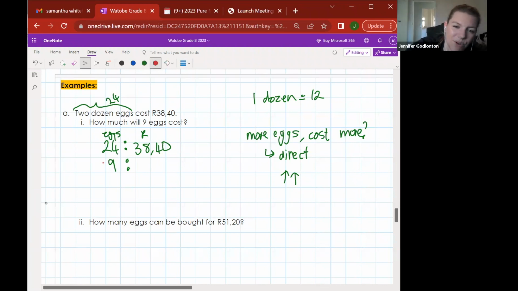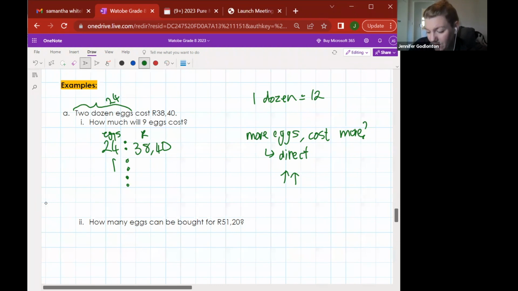I'm going to show you both ways again, just in case. If we want to have a 1 there, we first divide that 38,40 by 24, and we get the answer 1,6. Then we want to know how much 9 eggs are going to cost, so we times that by 9. So 1,6 times 9, and we get the answer 14,4. So 9 eggs are going to cost me 14 Rand 40.